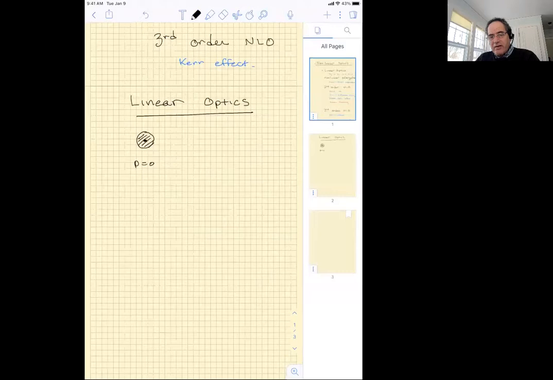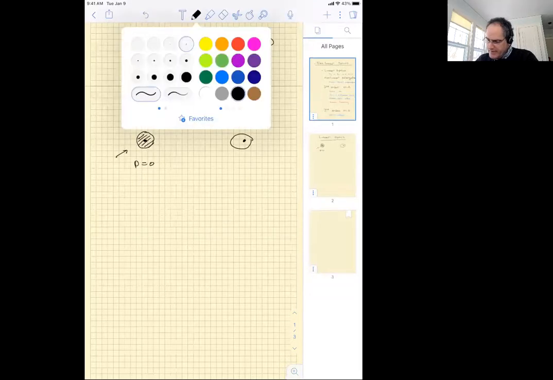Okay, let's start our discussion by thinking once again about linear optics, the familiar topic we've been studying. And we want to think about a material that maybe is made up of atoms. So here's an atom. Under normal conditions, it has no dipole moment. It's spherically symmetric. But if we place it into an electric field, then it can polarize, which I'll enormously exaggerate here in my cartoon picture.